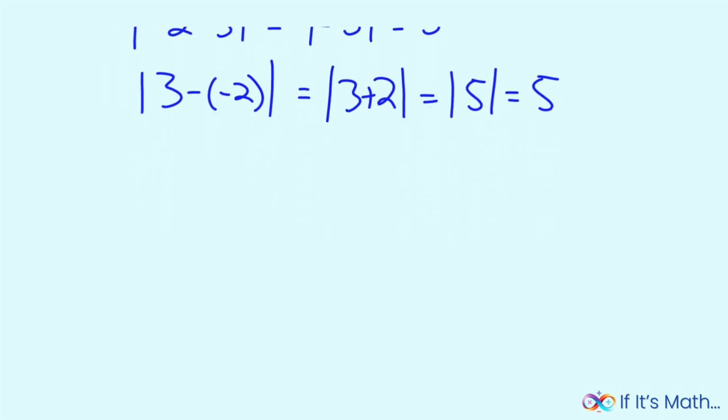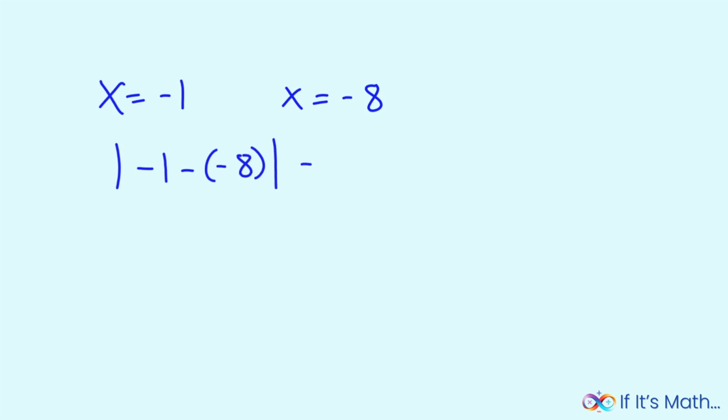Let's do one more for good measure. So if we have x equals -1 and x equals -8. So the absolute value of -1 minus -8 is going to equal the absolute value of -1 plus 8, which is the absolute value of 7, which is 7.